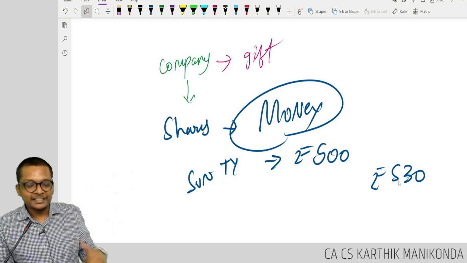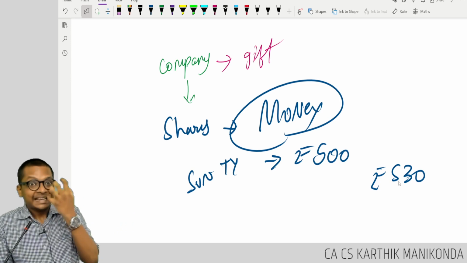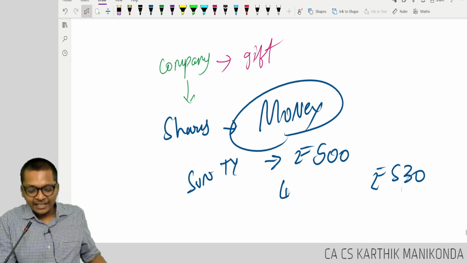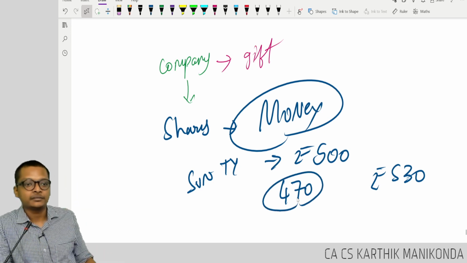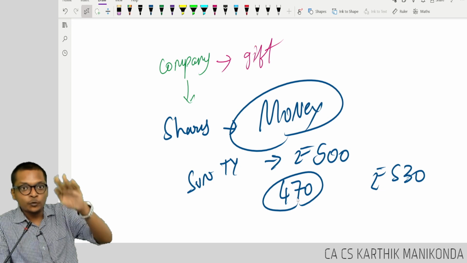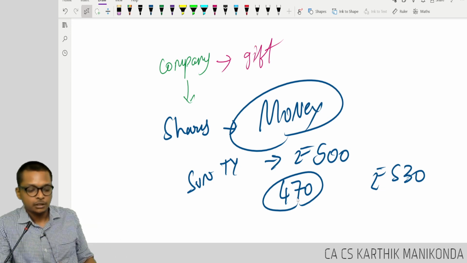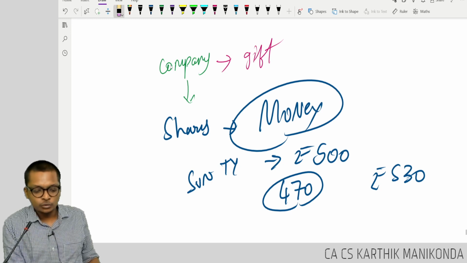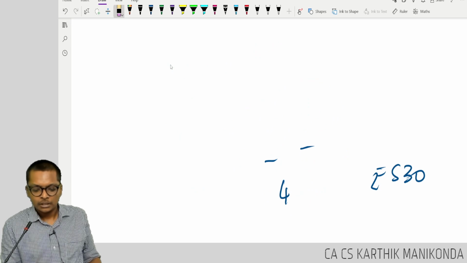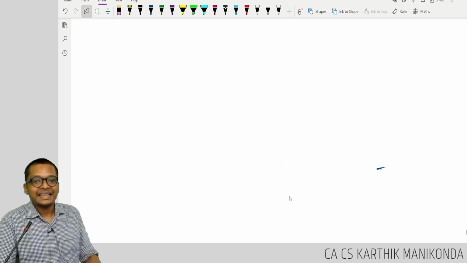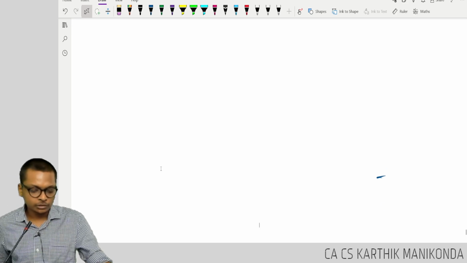But I want you to invest. So, how much will I ask you? Less than 500. If I ask you to give me 470 rupees per share, you will be more than happy. Market price 500, if you pay 470, you will get more shares. So, basically, what is rights issue, guys? Money from existing shareholders.